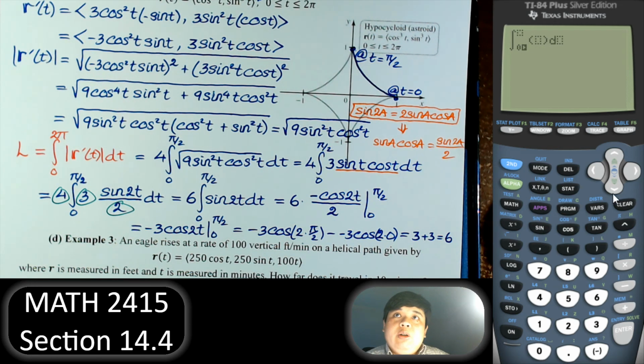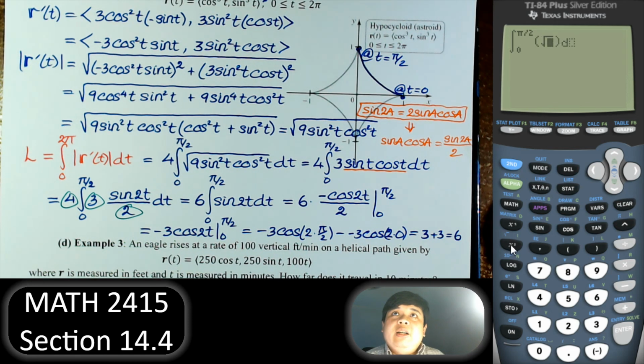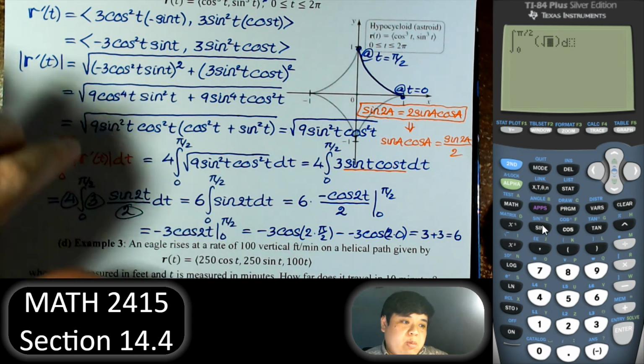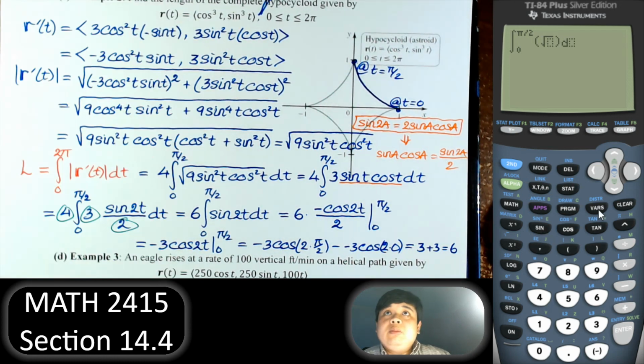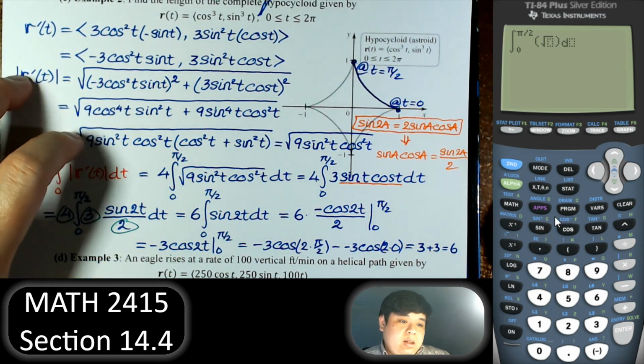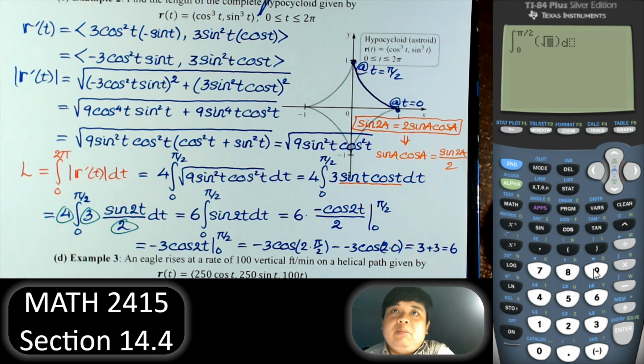From 0 to pi over 2. I forgot the 4, but that doesn't matter. Here we have, I just tried from the beginning. Anyway, no need to stretch.